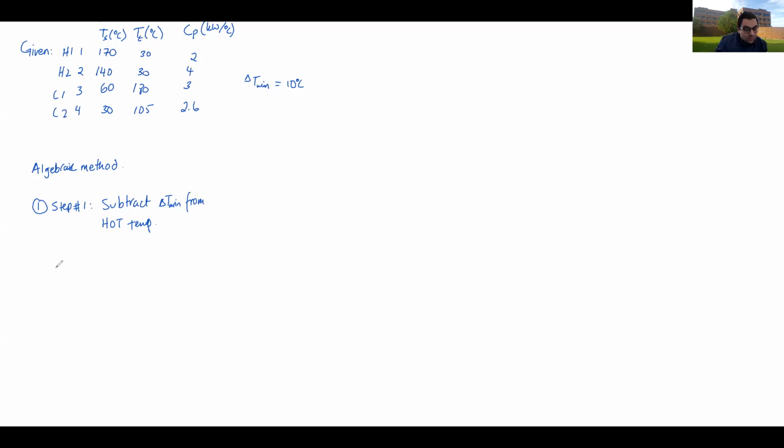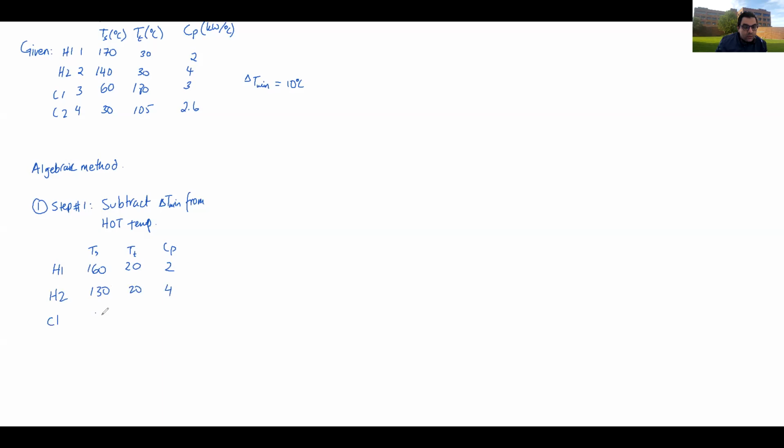So now I'm just going to rewrite it as H1. Delta T minimum is 10, so it's going to become 160, 22. And again, this is T source, T target, CP. H2 is 130, 24.